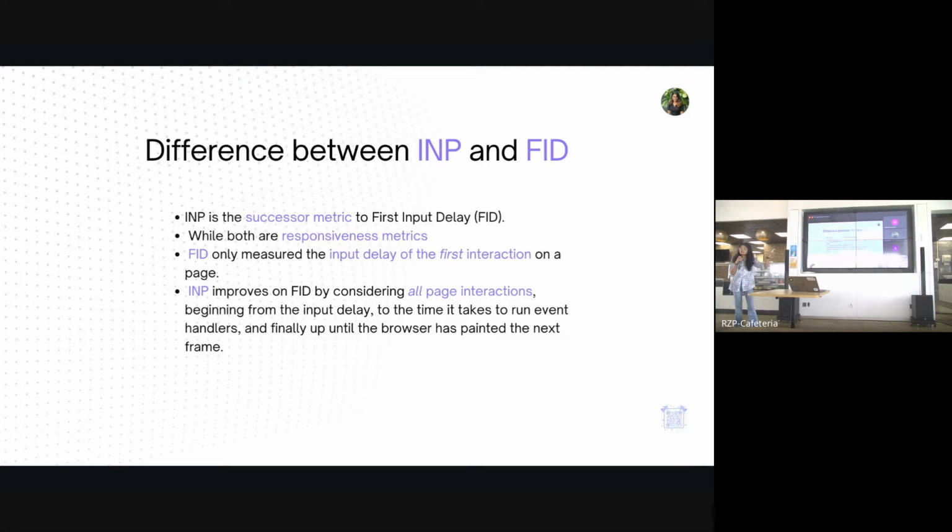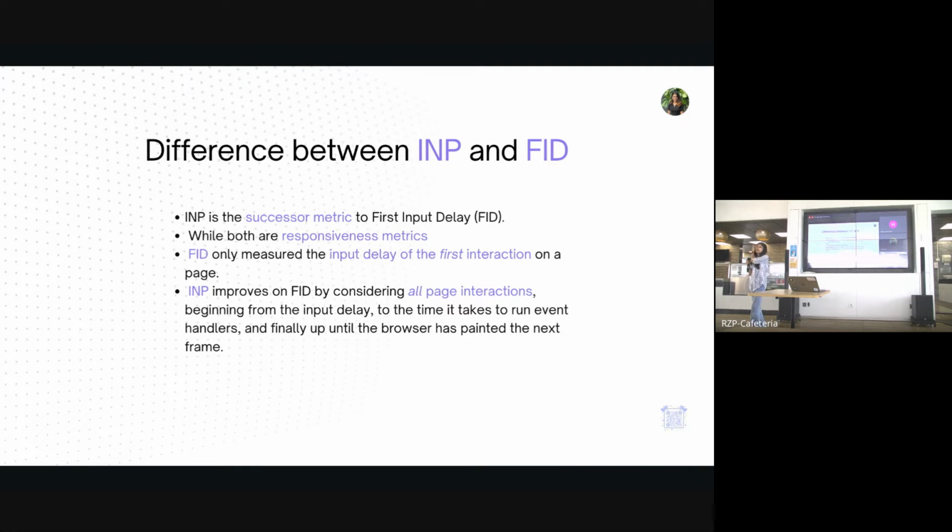FID considers the first interaction; INP is going to consider all the interactions that you are having on your page. And secondly, it begins from the input delay, we'll talk about what input delay is, and covers the time it takes to run the event handlers, and finally, up until the browser actually paints.